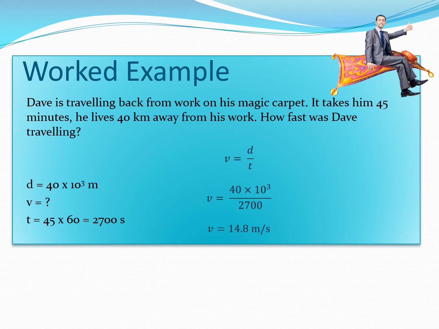Okay, then I've skipped straight to the rearranged version of the formula here because it's one you should be familiar with. If we've used our triangle, we get that speed is distance on the top and then divided by time on the bottom, and we just substitute in our values, and that's going to give us at the end that our speed is 14.8 meters per second. Remember, units.